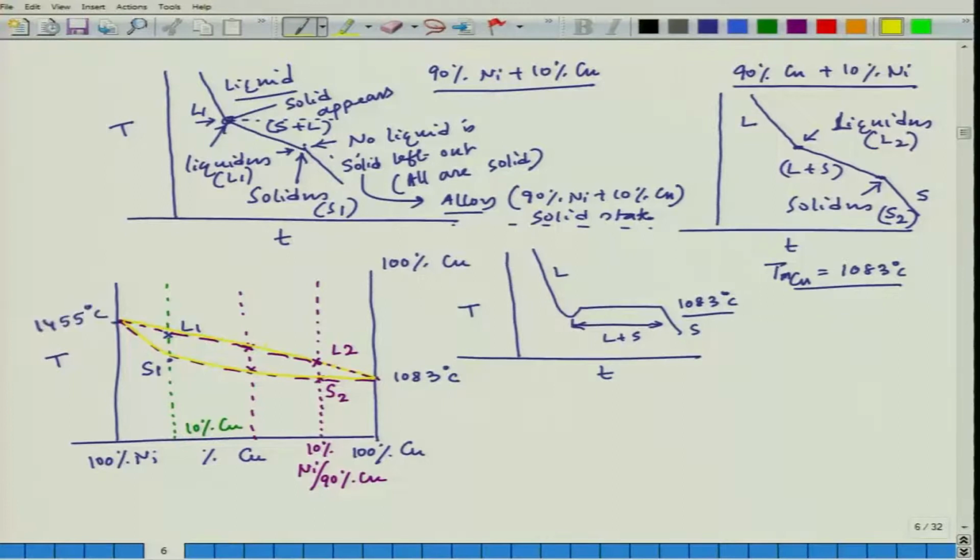Above the liquidus line everything is liquid, and below the solidus line everything is solid. In between, as we have seen, there is a mixture of solid and liquid, so we say solid plus liquid. Now, what we are getting is a phase diagram which we call isomorphous.